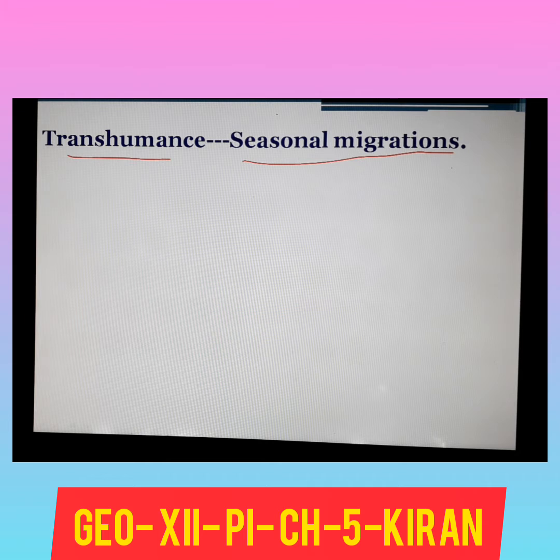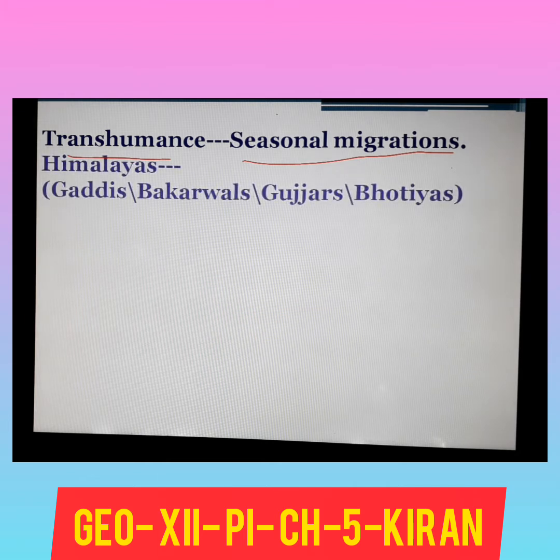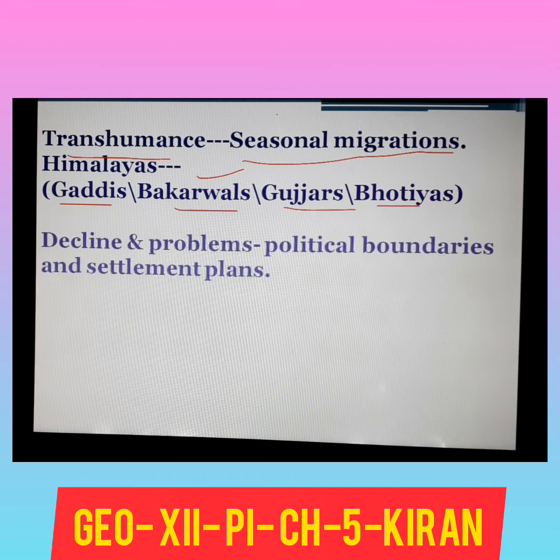This will continue and it is for survival along with the animals. It is also defined as the seasonal migration of people along with their animals in search of food and fodder. In the Himalaya, there are many transhumance communities which are Gaddis, Bakarwals, Gujjars, and Bhutias.